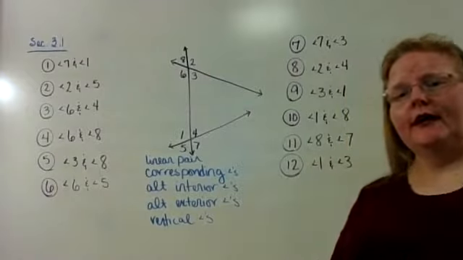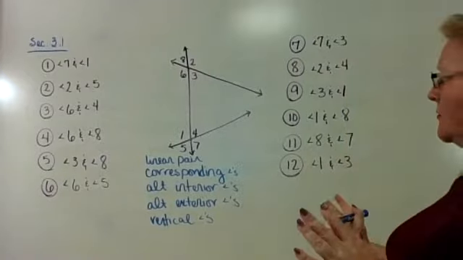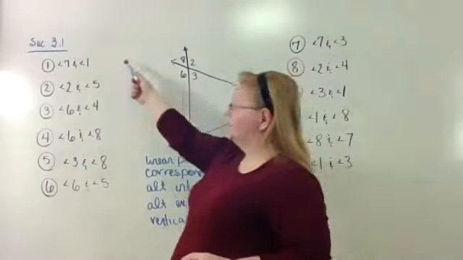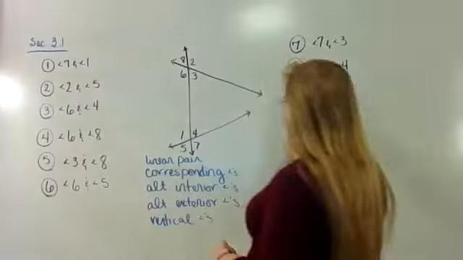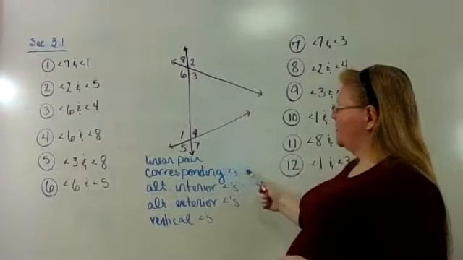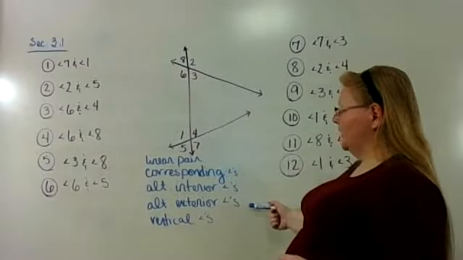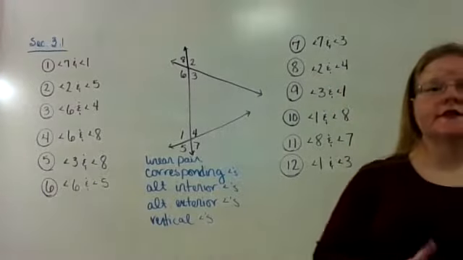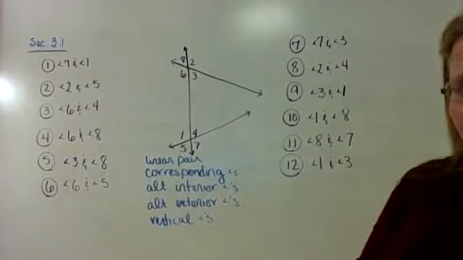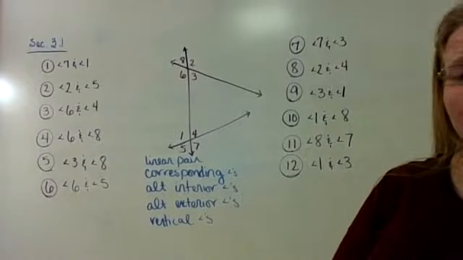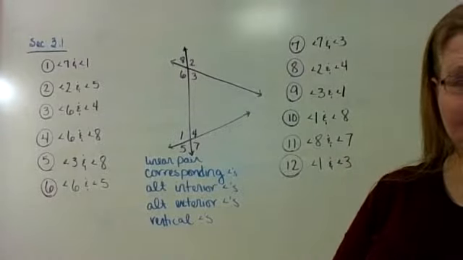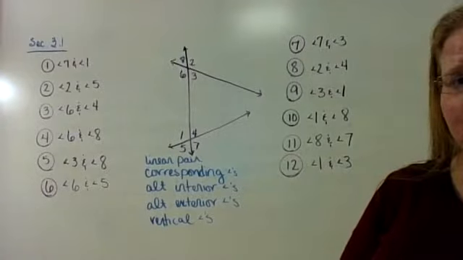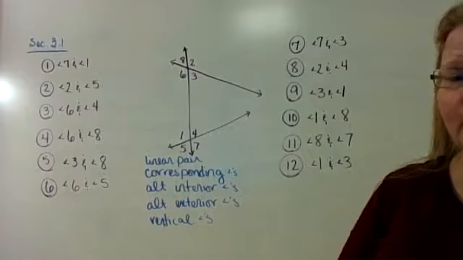Go ahead, write this down, and decide whether these different things are a linear pair, corresponding angles, alternate interior angles, alternate exterior angles, or vertical angles. Those are your only choices. If you find out it's something else, we may have to discuss it. Pause the tape now, because when I come back, I'm going to give you the answers, and you'll know whether you did them correctly.